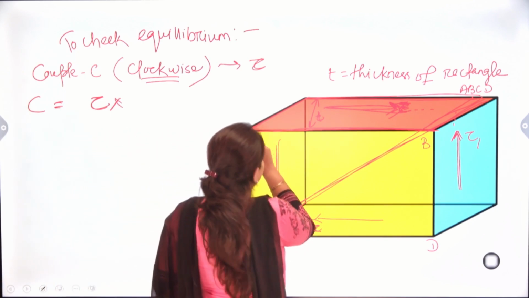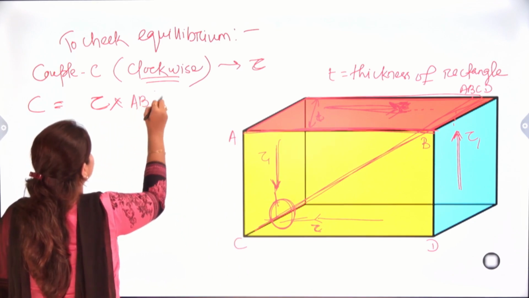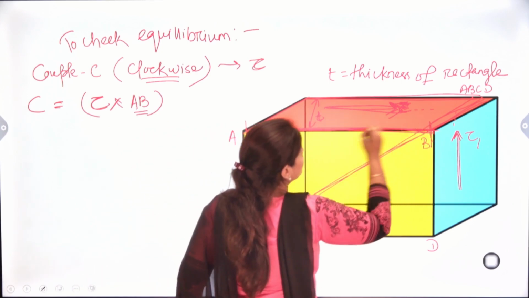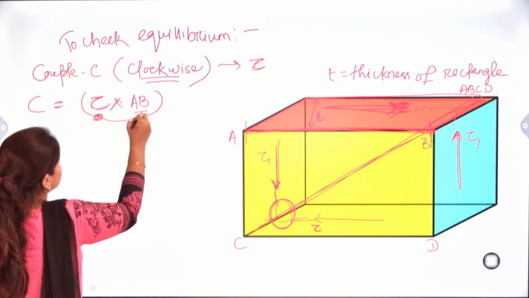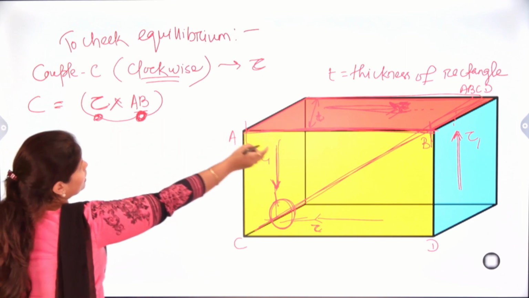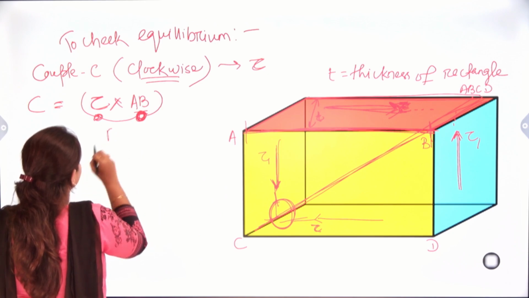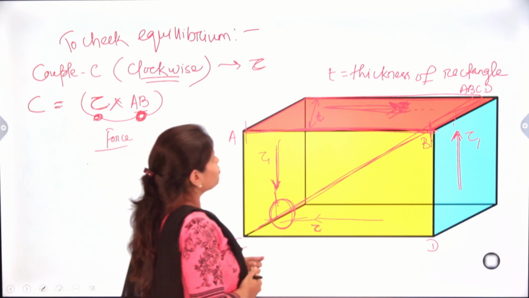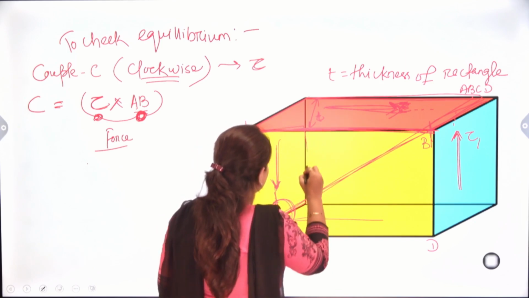Now we will take this AB plane. This is our shear stress and this is the perpendicular to the AB plane. So we will have a force here: shear force into perpendicular distance.